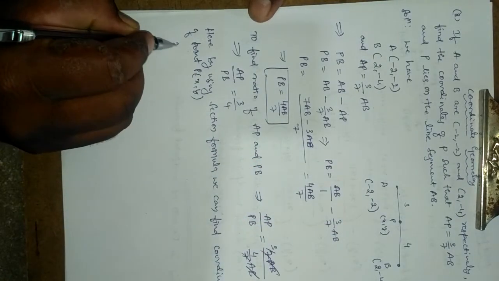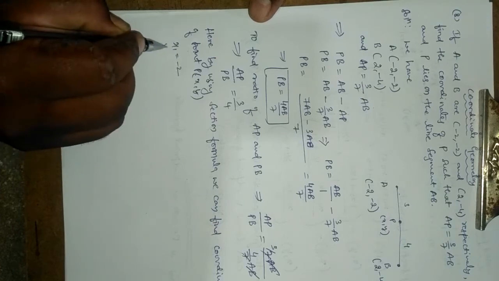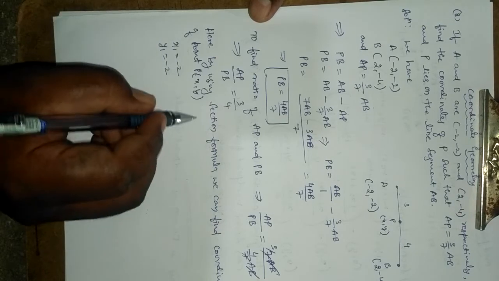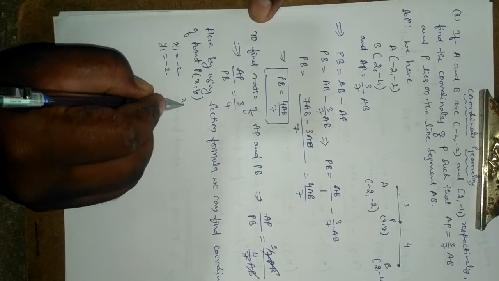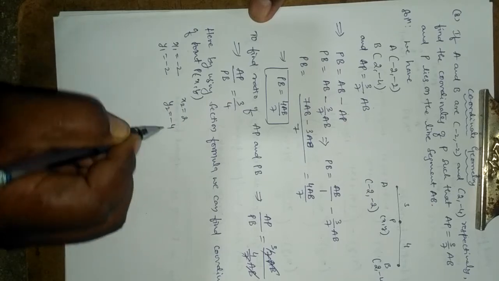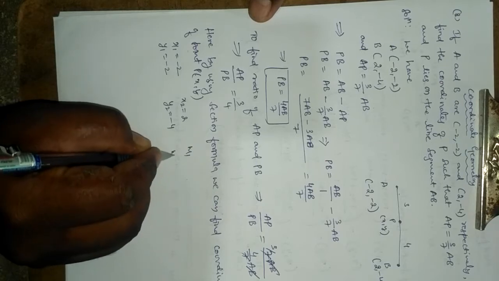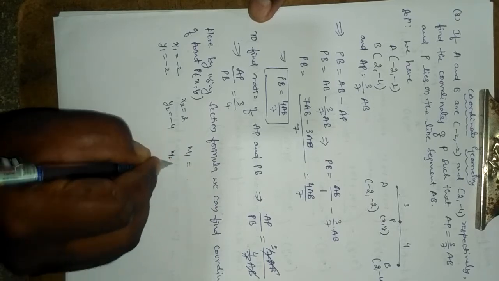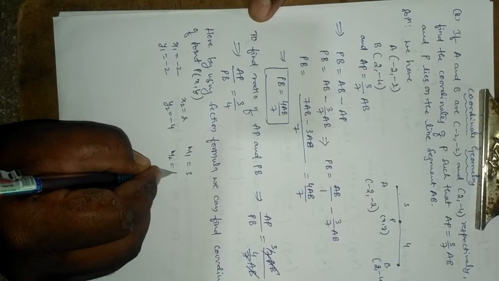So I am writing x1 is equal to -2, y1 is also -2, then x2 is 2, y2 is -4. Here m1 is 3 and m2 is 4.